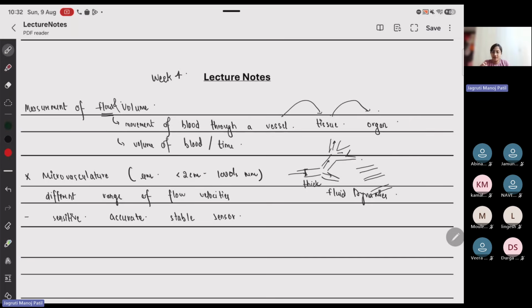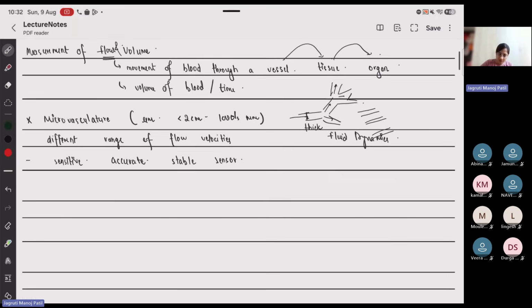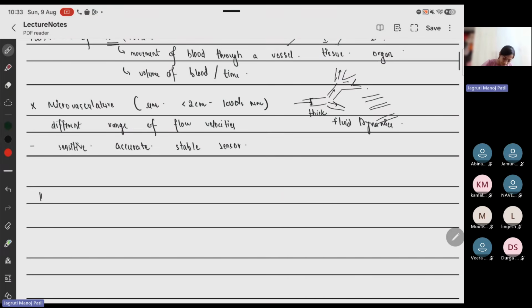Now, what are the different types for it? We'll just make a flow chart quickly. Types of flow measurement.